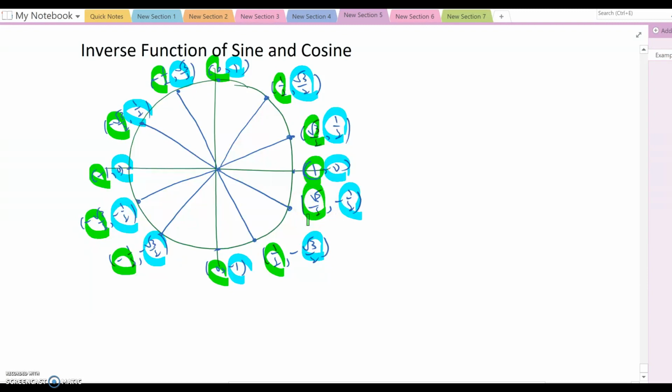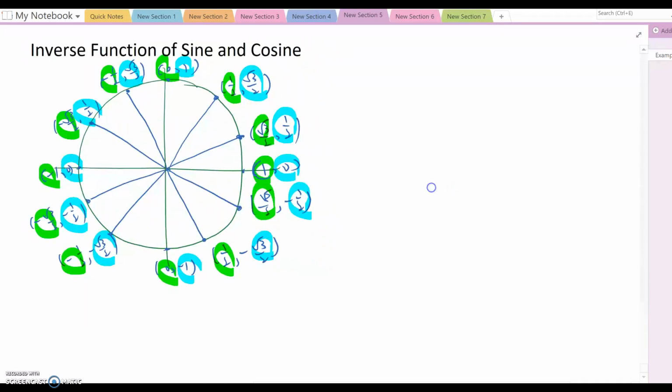The green one is always the cosine value, and as you see, all the values are between 1 and negative 1, and sine as well. Okay, so based on this, I'm gonna draw sine first.